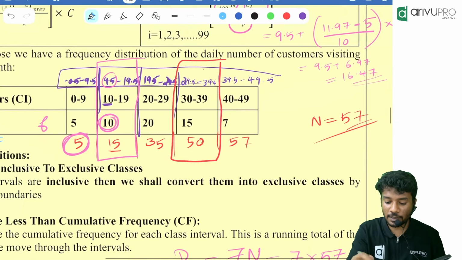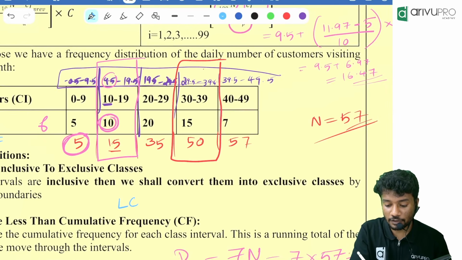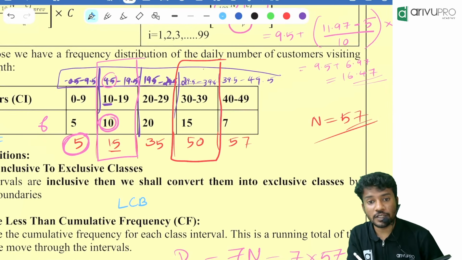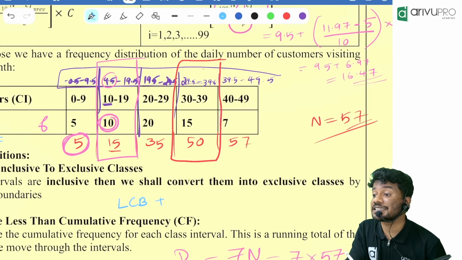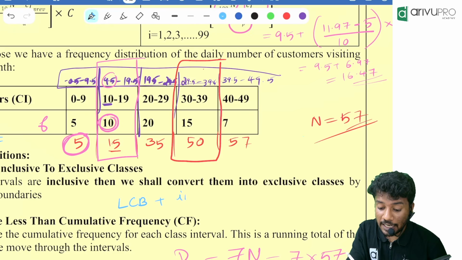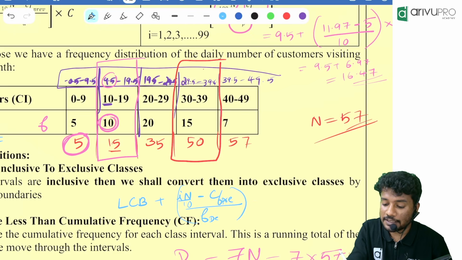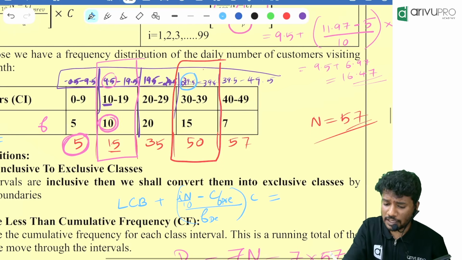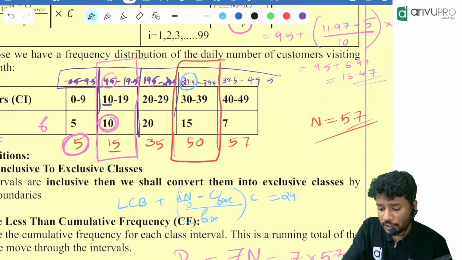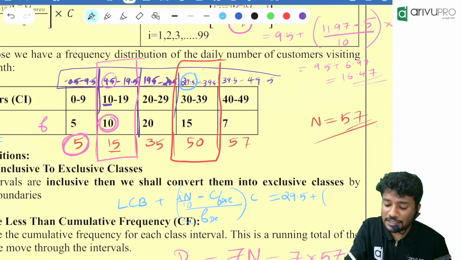Now use the formula. What is the formula? Read it along with me. Lower class boundary plus, since it is decile, it will become nD by 10 minus cumulative frequency of the previous class, divided by frequency of the decile class, multiplied with C. Now you tell me, what is the lower class boundary? 29.5 plus what is the value of nD by 10?